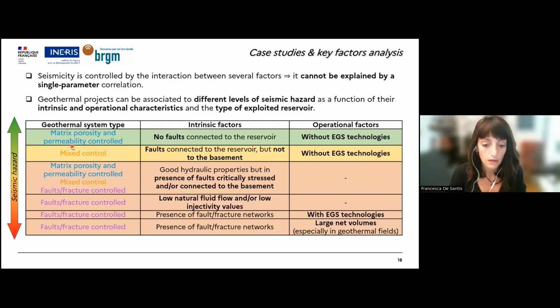And then we can consider that the seismic hazard is higher for all types of geothermal system when these are characterized by good hydraulic properties, but when we are in presence of faults which can be critically stressed and or which can be connected to the basement.